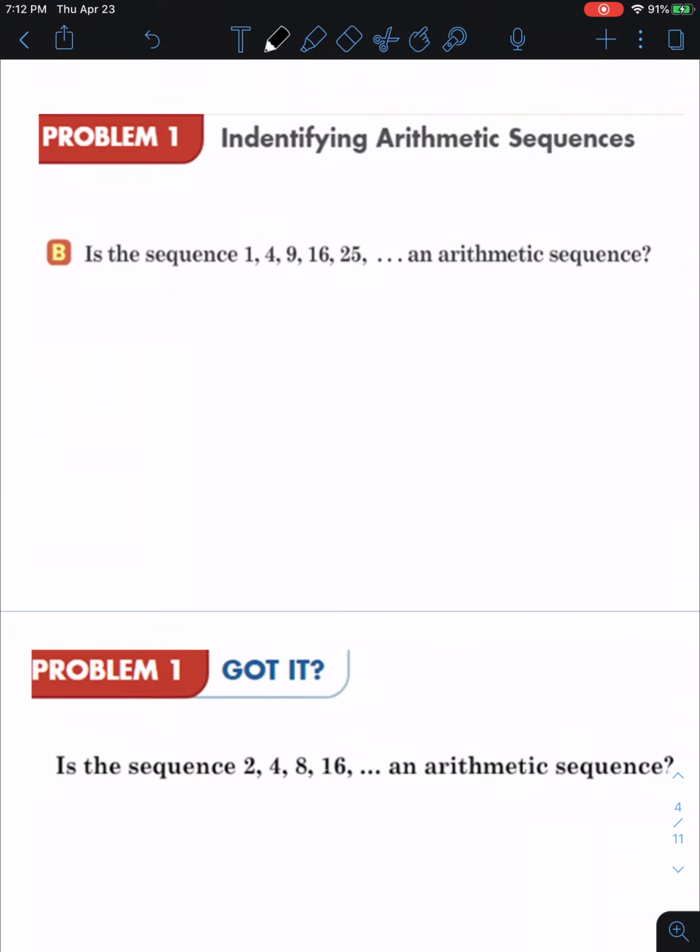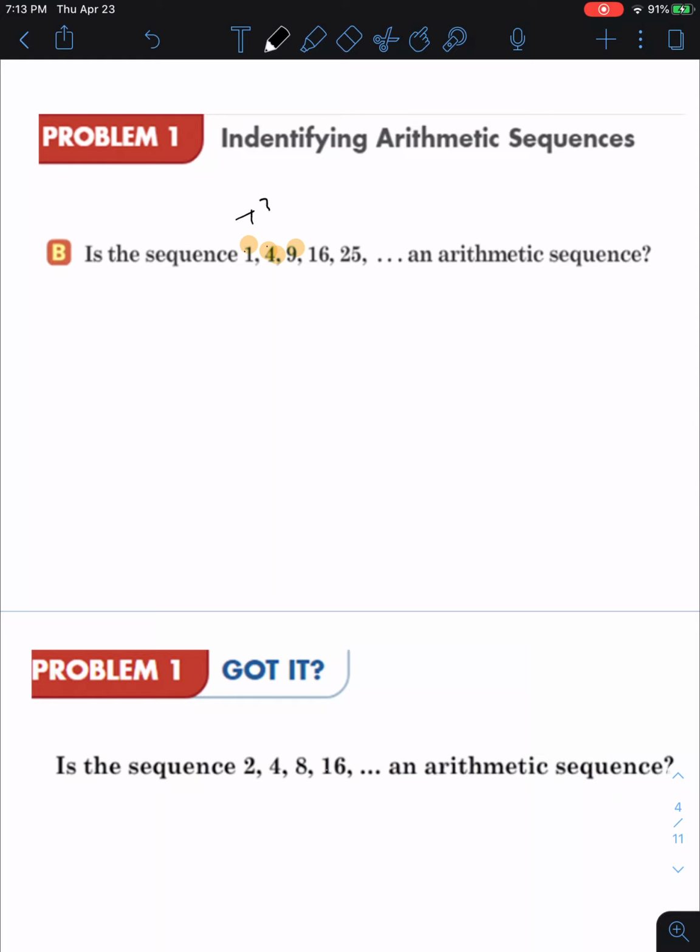All right, next problem. Is this an arithmetic sequence? Notice how I'm saying that. The adjectival form of arithmetic is arithmetic, and I'm not mispronouncing that. So I go from 1 to 4, that's an add of 3. 4 to 9, that's an add of 5.